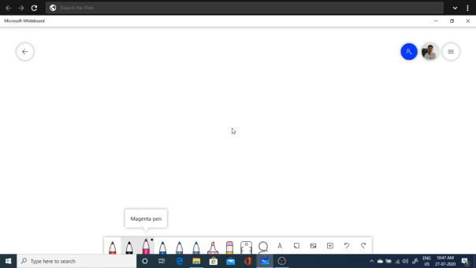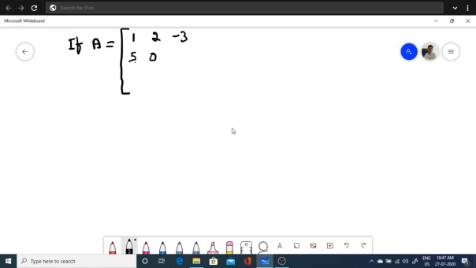So let's take one of the important problems for 5 marks. If A is a matrix 1, 2, -3, 5, 0, 2, 1, -1, 1.